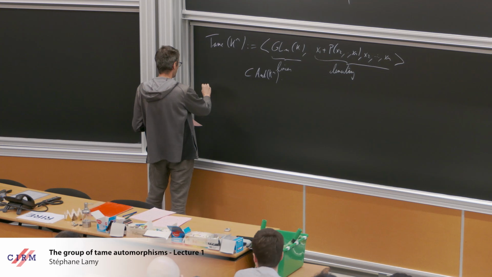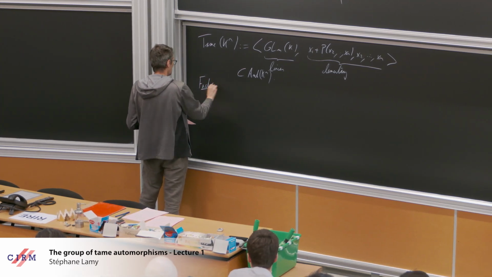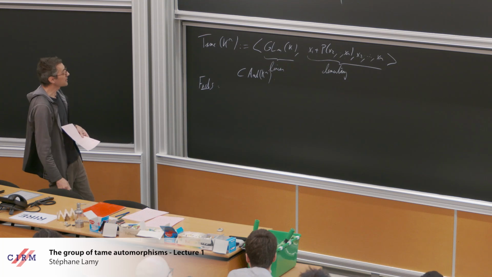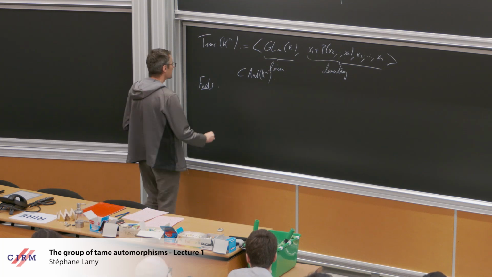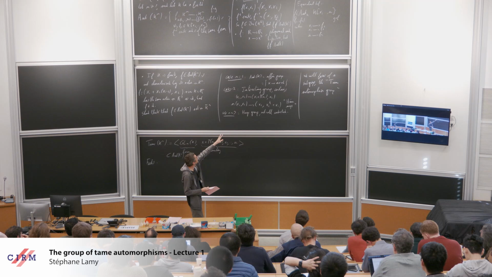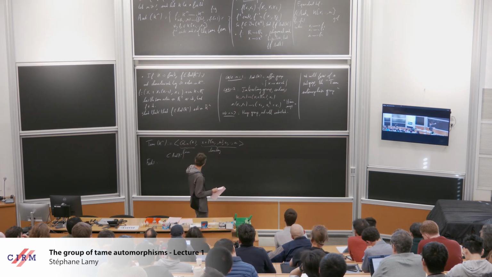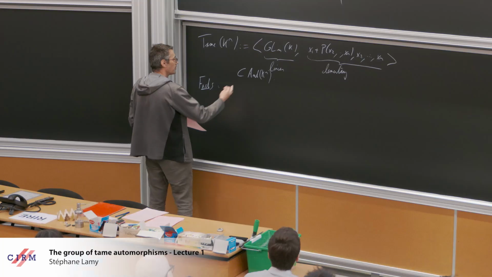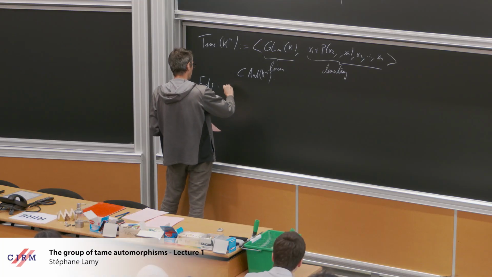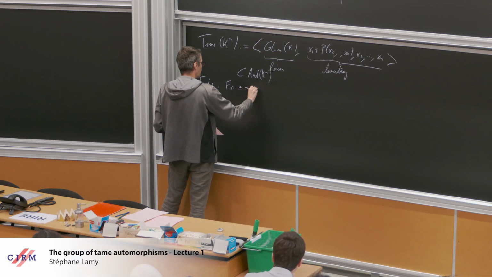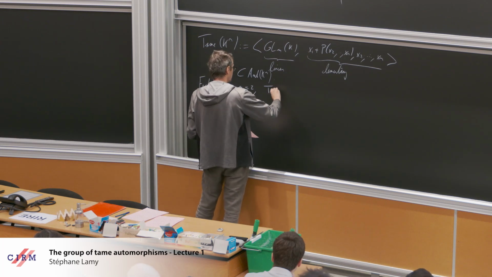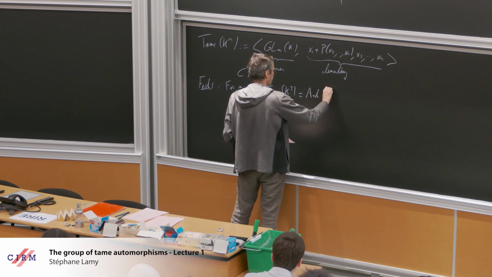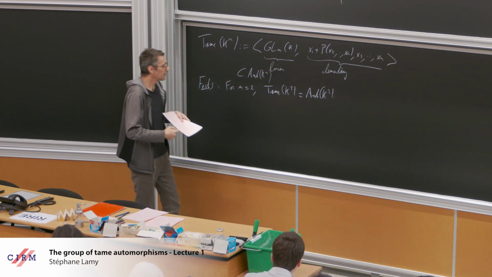So let's put some facts. For n equals 1, it's trivial. For n equals 2, in fact, it's an equality. That's the first result. That's why it's interesting that we can study dimension 2, because in fact every automorphism of K2 is tame. That's a starting point of understanding everything. So for n equals 2, you have an equality: Tame(K2) is Aut(K2).